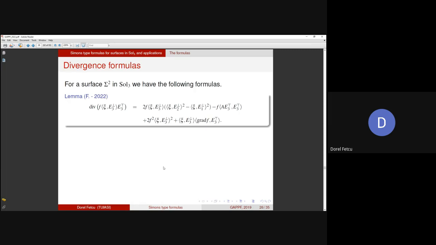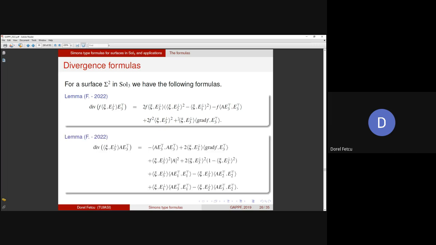Now, in order to simplify, at least in some cases, that initial formula, we need two divergence formulas that hold for any surface in Sol. So we have this formula and this one. They are just simple and direct computations.